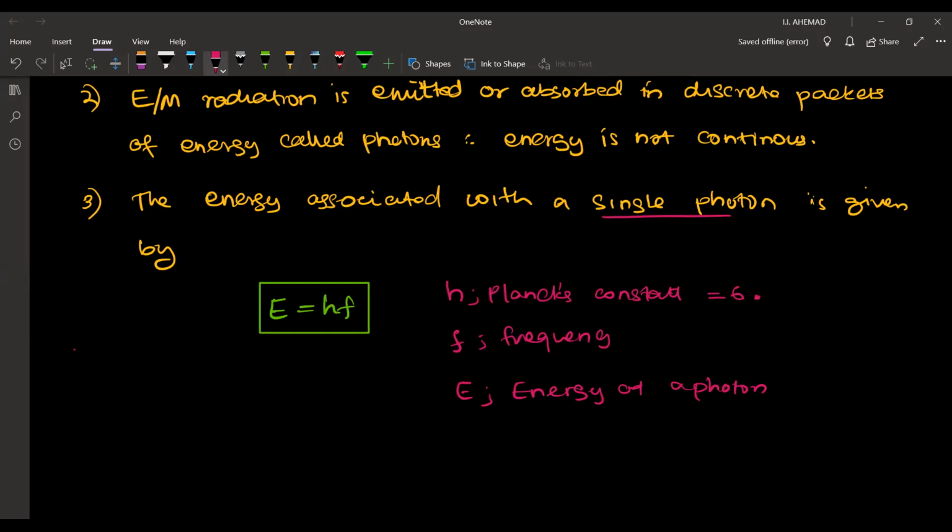Okay, not joule per second, it is joule second.